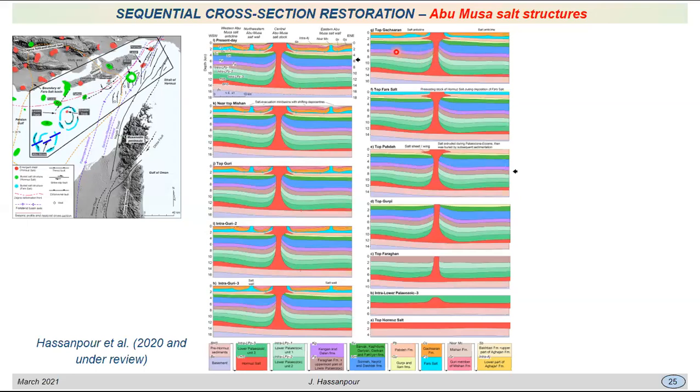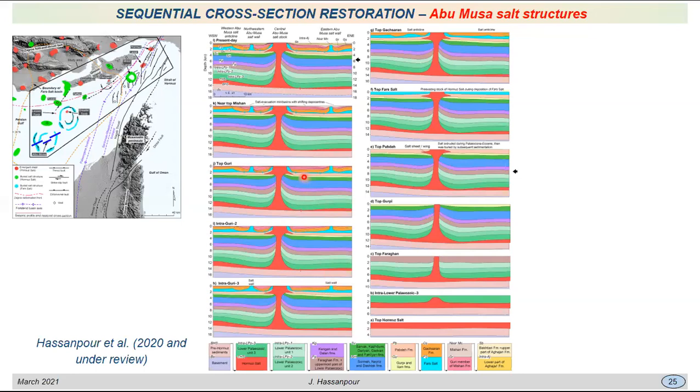So as you can see, according to the restored cross-section, since from this stage onwards, firstly, the Fars Salt has flowed toward the central salt diapir mainly, and once it has been welded just close to the central diapir, the depocenter has migrated outward toward these peripheral salt structures to feed the Fars Salt into this diapir.